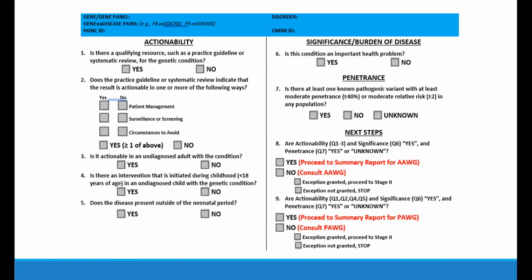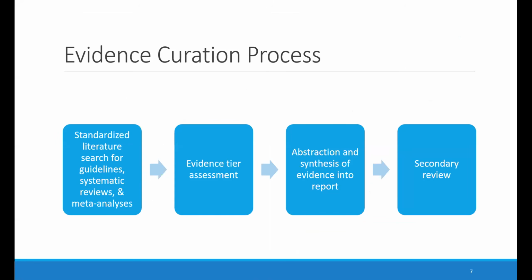Assuming a topic passes early rule out and meets these threshold criteria, we do a much more extensive literature review where we gather all of the guideline systematic reviews and meta-analyses, and also some supplementary evidence for anything that's recommended.